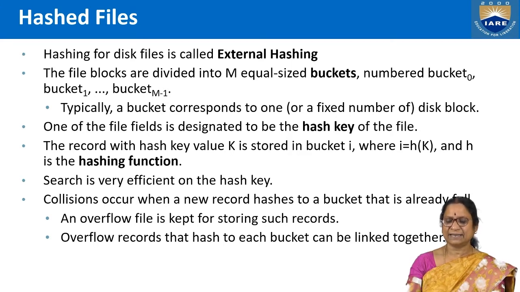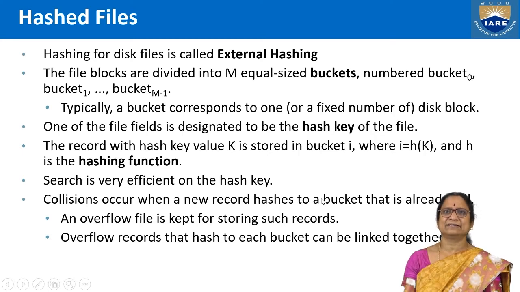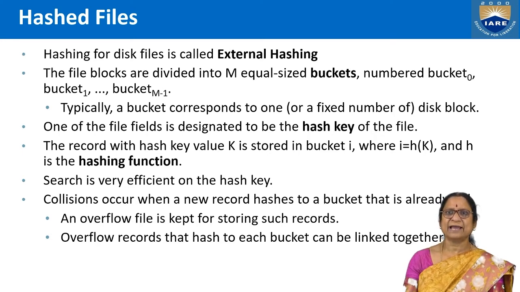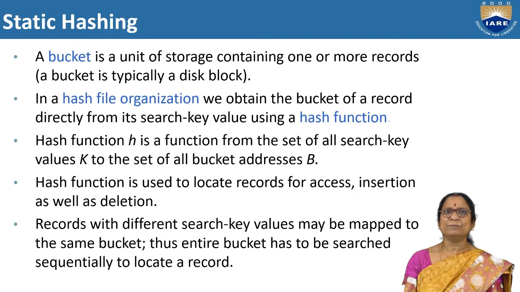Then we call it a collision. That means an overflow also occurs. An overflow file is kept for storing such records. That means additional buckets are added. Various techniques are there; we'll discuss that. The overflow records that hash to each bucket can be linked together, and we will call it a chaining technique also. That we'll discuss a little more elaborately further.